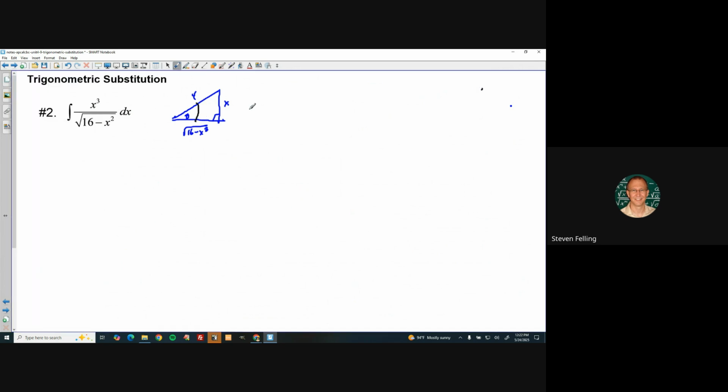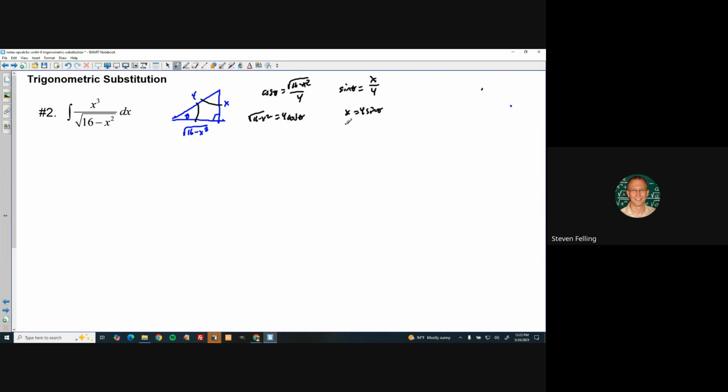that this pair is cosine of theta is the adjacent side over the hypotenuse, and this side would be sine of theta is the opposite side over the hypotenuse, which means that x would be 4 sine theta. The radical would be 4 cosine theta.